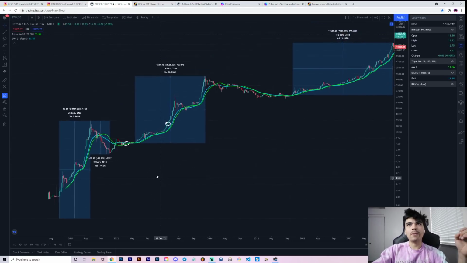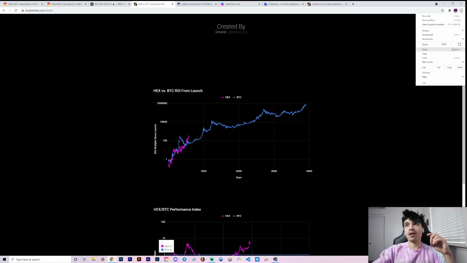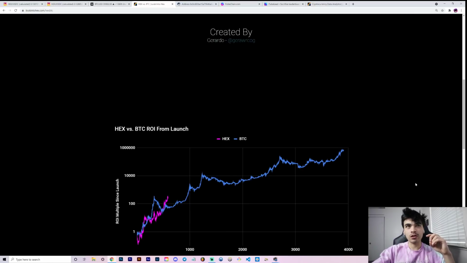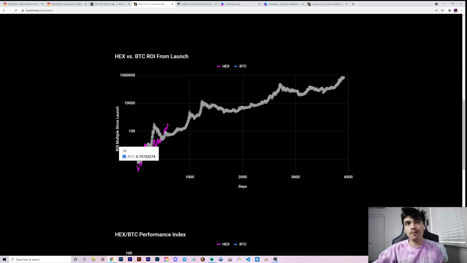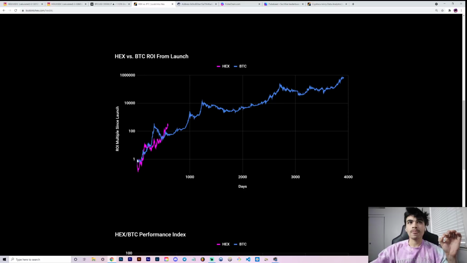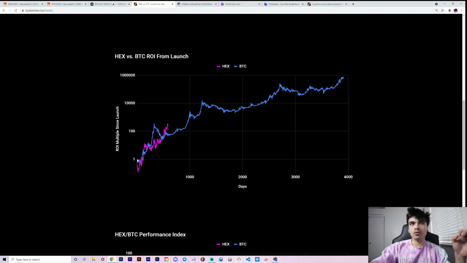Now, if you pull up the Bitcoin chart again, the reason I have both of these cycles laid out here was based off of this chart. And if you watch the channel, you are very familiar with this chart. It's your Hex versus BTC ROI from launch. It basically plots both Hex and BTC from their respective launch and normalizes them to 1, so that every data point on the blue curve is relative to launch day price for Bitcoin, and every data point on the pink curve is just the ROI relative to day 1 price for Hex.